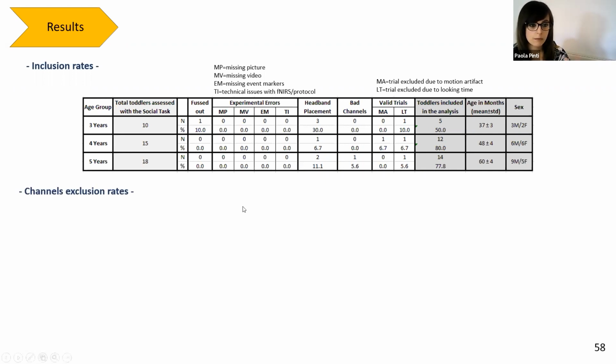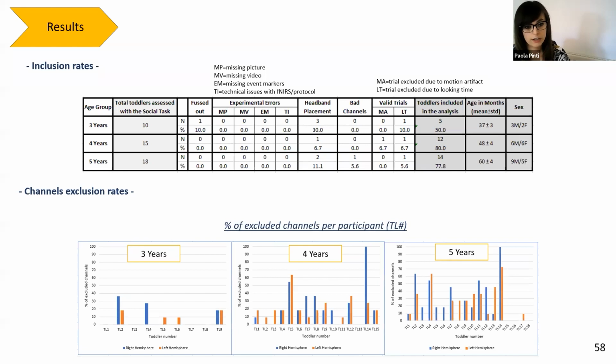Here I'm showing the number of channels that we excluded per toddler per age range. In blue are the right hemisphere channels, in orange the left hemisphere channels. You can notice that for older kids, particularly 5 years old, the channel exclusion rate was higher than for the 3 years old.